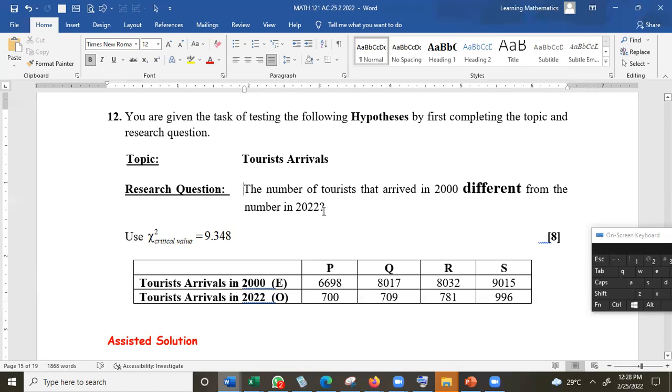You can even rephrase that. Did the number of tourists that arrived in 2000 change in the year 2022?